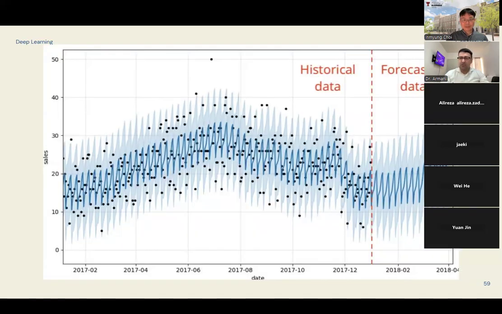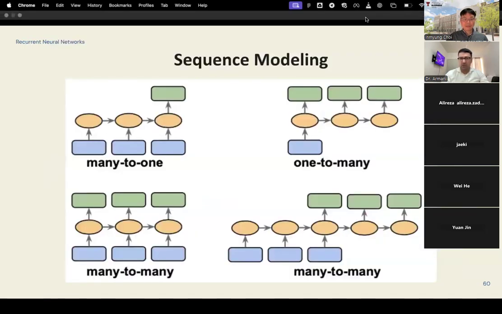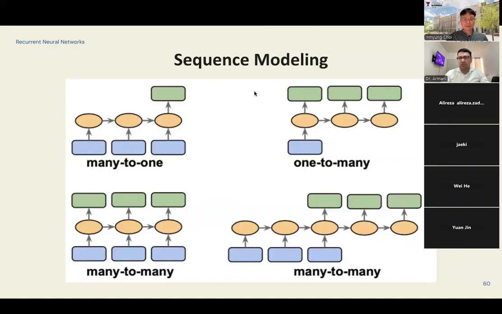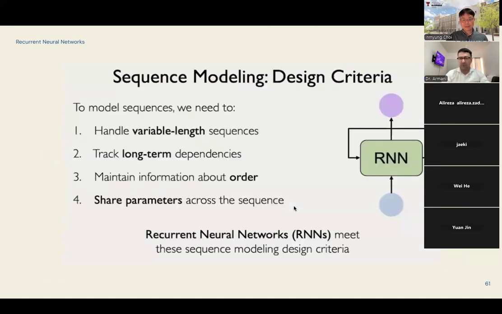So we need to consider something like memory. Essentially, we need to do sequence modeling. In sequence modeling, we can have a series that predicts one thing, or one thing that predicts a series, or a series that predicts a series, etc. We have different situations.